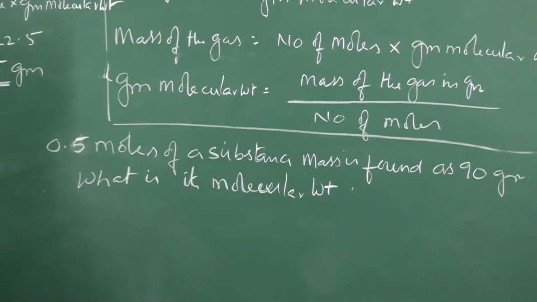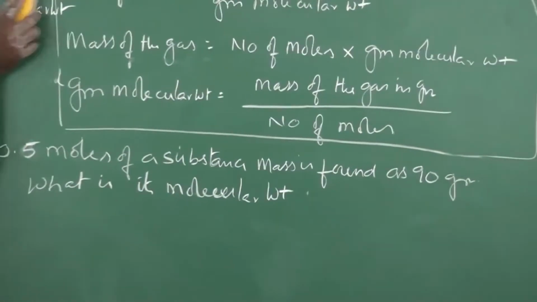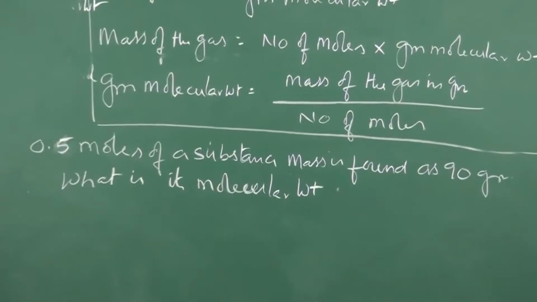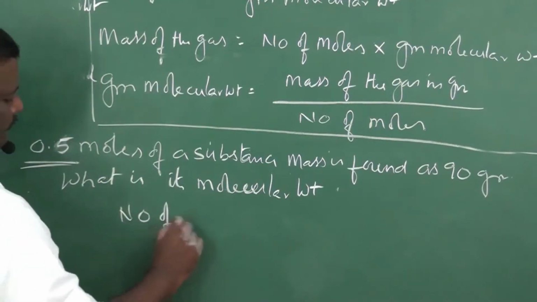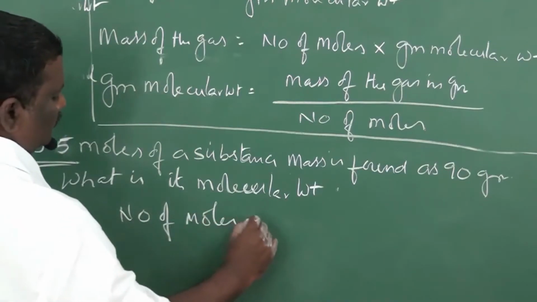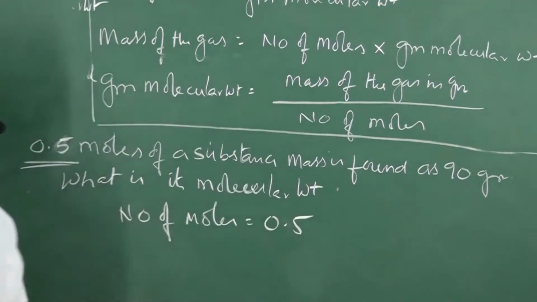That is, gram molecular weight of a substance will be equal to mass divided by number of moles. So now let us note down first the given data. That is, number of moles is equal to 0.5.